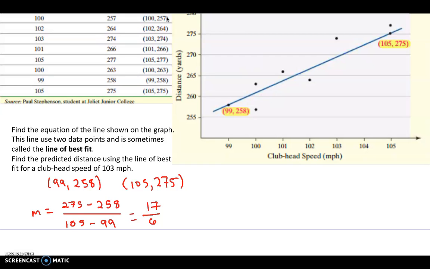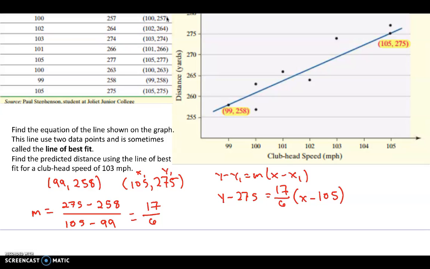Then I'm going to use point slope form, which is y minus y1 equals m times x minus x1. It just requires a single point. So I'll use this point right here, 105 and 275. You could use the other, you'll get the same equation. So I'd do y minus the y value equals the slope, 17/6 times x minus that x value.